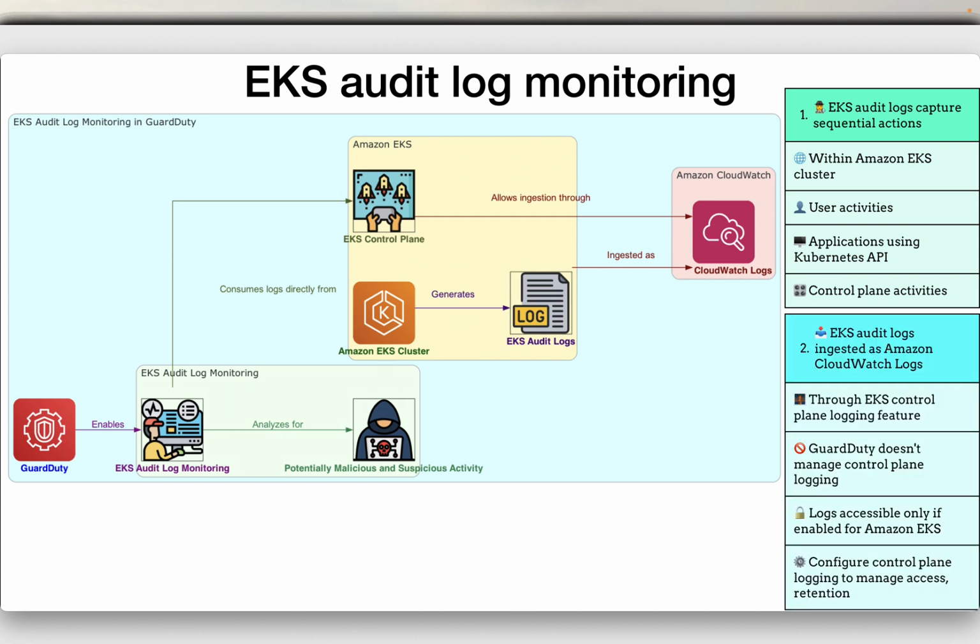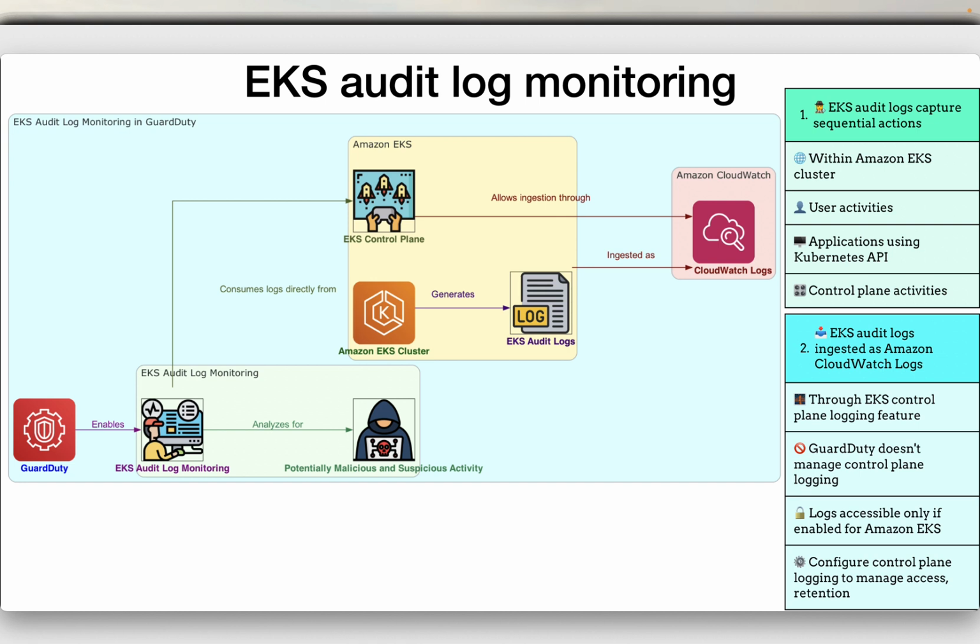Amazon EKS allows EKS audit logs to be ingested as Amazon CloudWatch logs through the EKS control plane logging feature. GuardDuty does not manage your Amazon EKS control plane logging or make EKS audit logs accessible in your account if you have not enabled them for Amazon EKS. To manage access to and retention of your EKS audit logs, you must configure the Amazon EKS control plane logging feature. So this is a dependency.